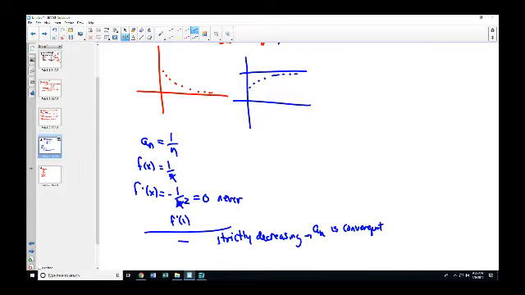Will we have to graph a sub n, or will most questions be whether it's converging or diverging? It's going to be convergent or divergent.